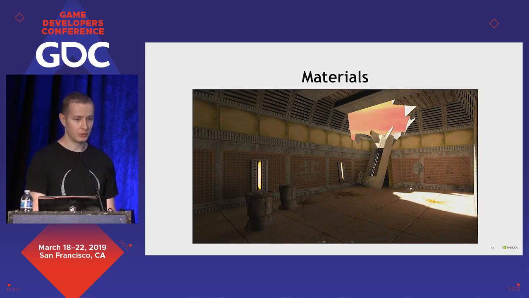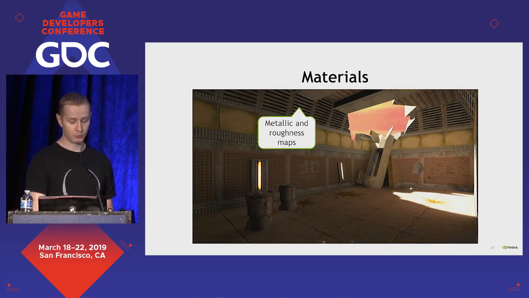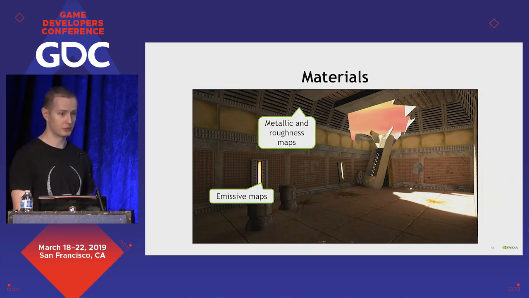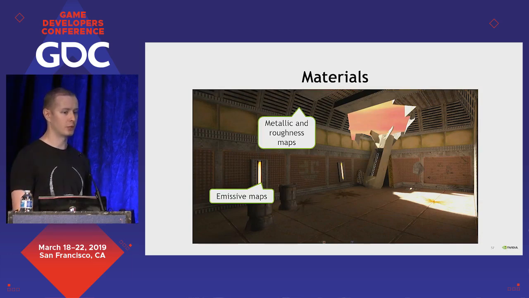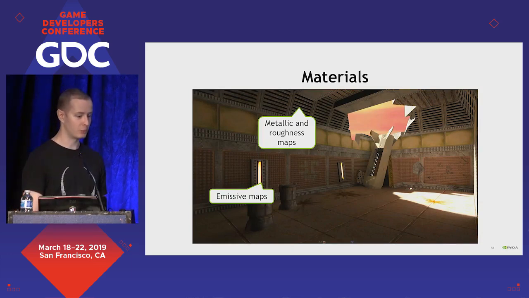So what we ended up doing is we took the texture pack from the modding community from Quake 2 XP. Apparently, most of that was also used in Christoph's work. But we also added support for the other maps, not just diffuse, not just albedo. We added support for specular and roughness maps, emissive maps, which contributes greatly to the look, because instead of trying to figure out if that texture is maybe emissive, and applying a threshold function, you just take a texture made by some artist and that acts as a light.